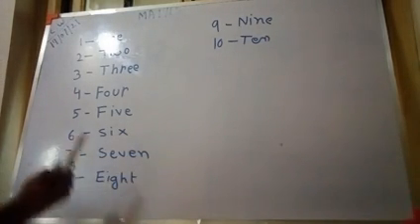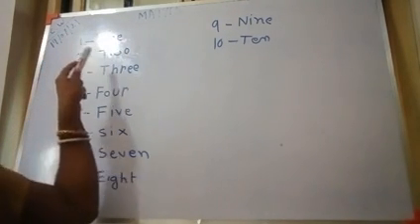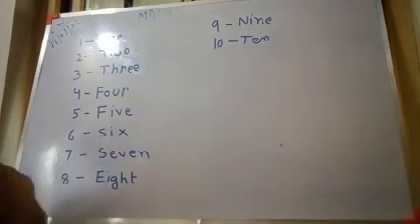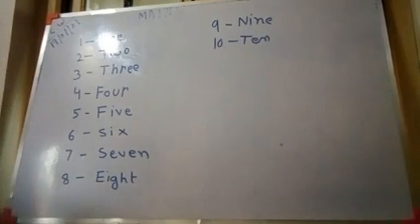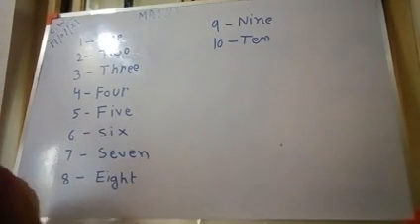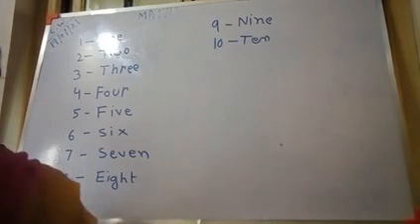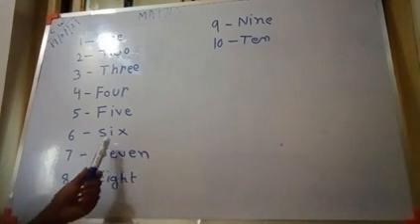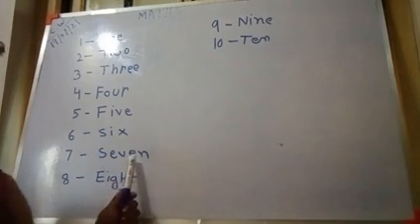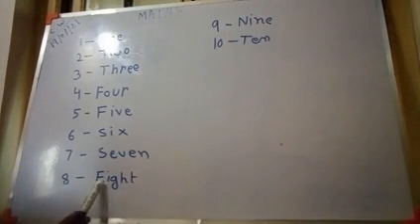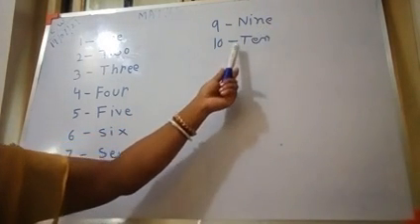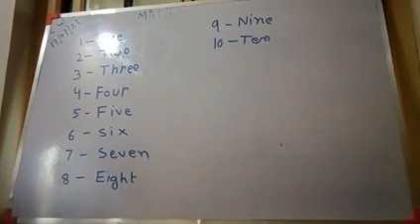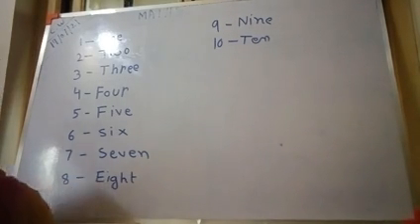First, see, O-N-E 1, T-W-O 2, T-H-R-E-E 3, F-O-U-R 4, F-I-V-E 5, S-I-X 6, S-E-V-E-N 7, E-I-G-H-T 8, N-I-N-E 9, T-E-N 10. So children, these are the spellings you have to learn. These are also called number names.